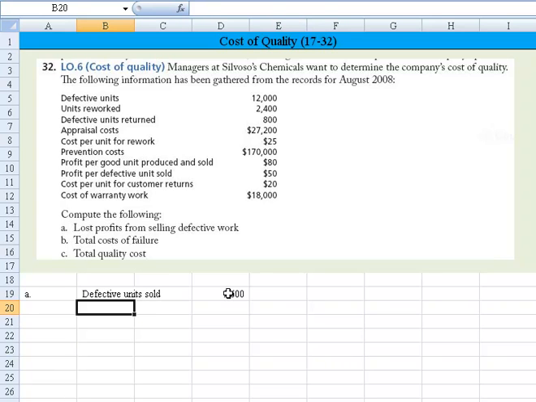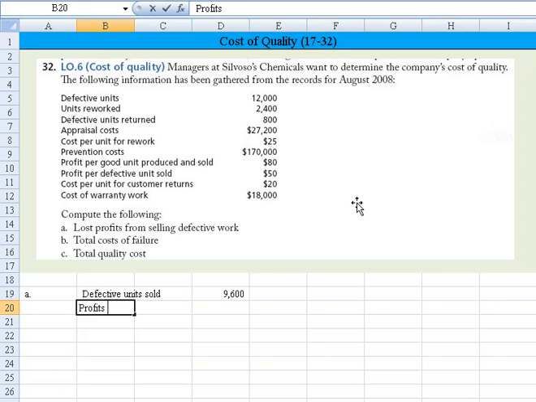And then we have to determine the margin, or the profit, if you will, per unit sold. And what we know is the profit for a good unit was $80. Profit for a defective unit was $50. So if we take the profit for a good unit less the profit of $50, we're able to determine how much profit was lost per unit.